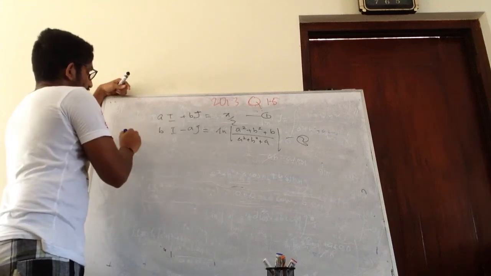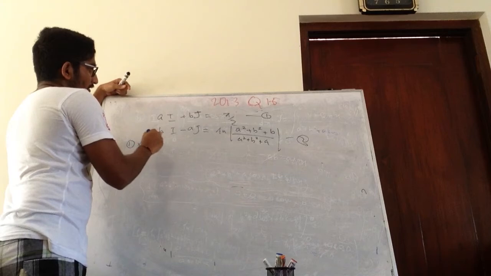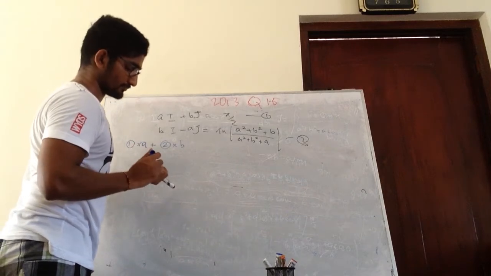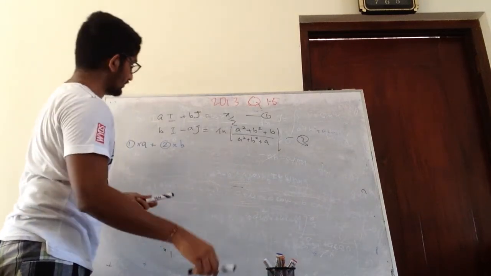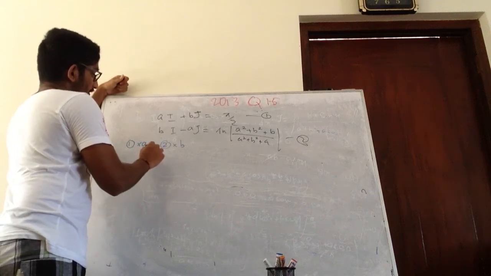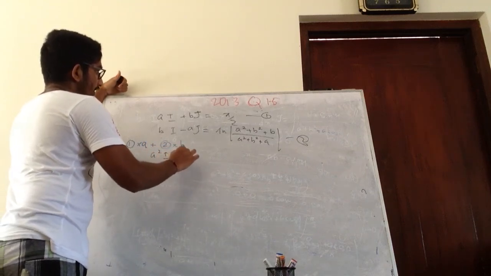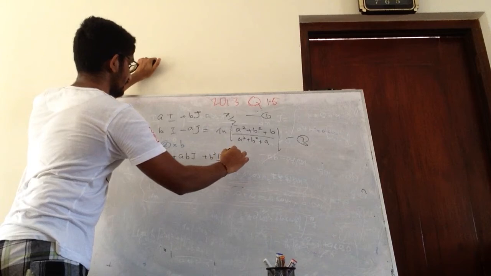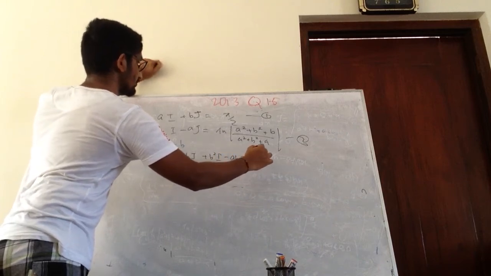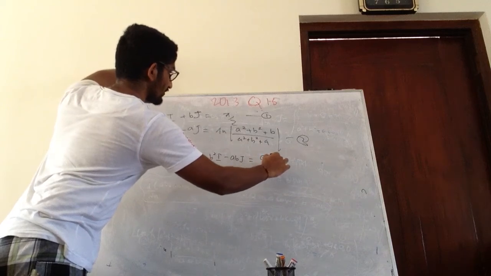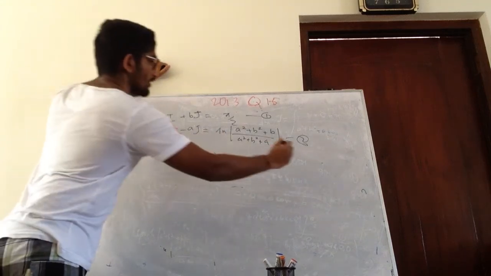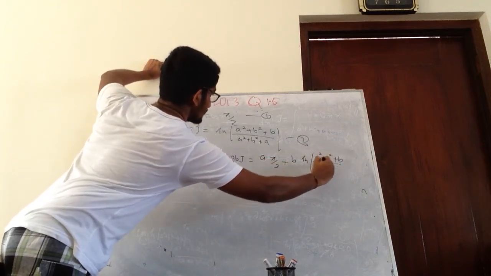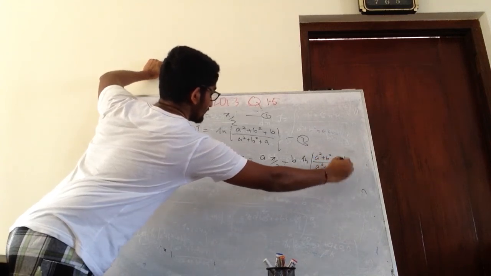So you will get a squared I plus abJ plus b squared I minus abJ, which is equal to a times 5π/2 plus b times ln of a squared plus b squared plus b over a squared plus b squared plus a.